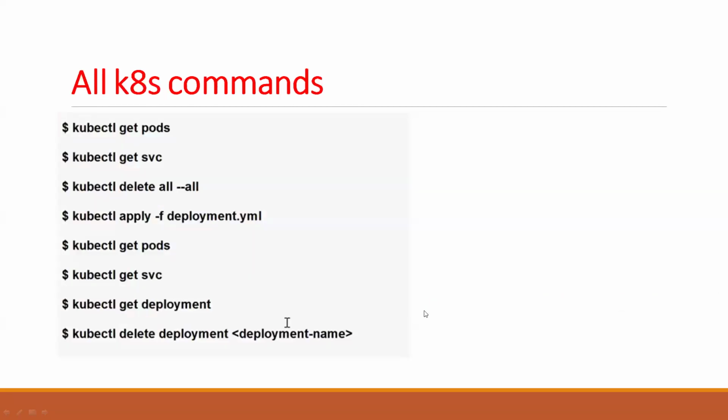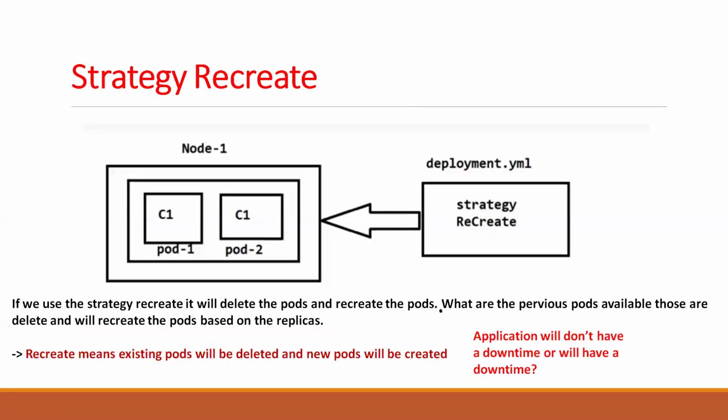So recreate and rolling update. Take the recreate strategy: this is the node, this is the container, this is pod one, pod two. In the deployment.yaml, the strategy is recreate.